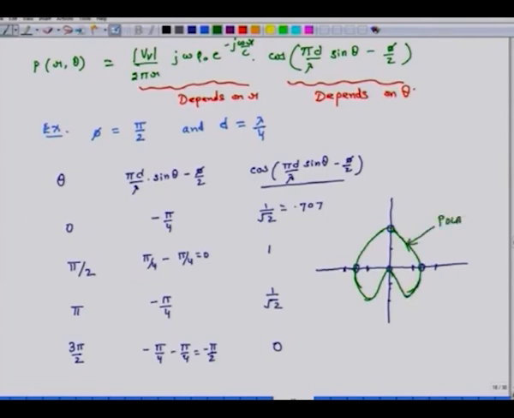So, this is the polar plot for term T2. What this polar plot shows is that when theta is 90 degrees, I have the maximum amplitude.